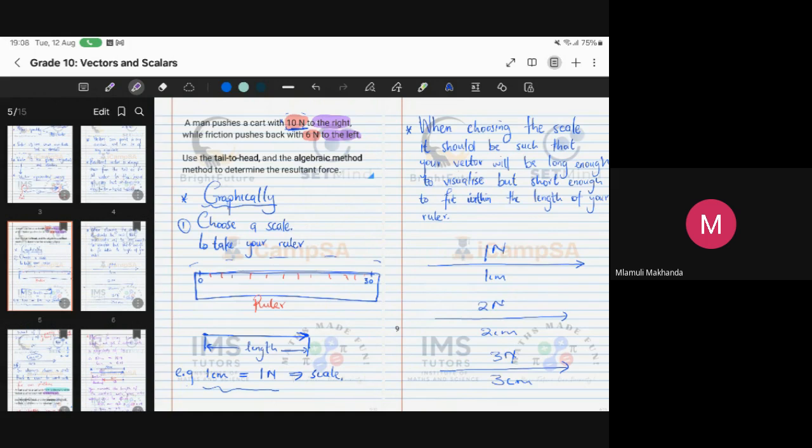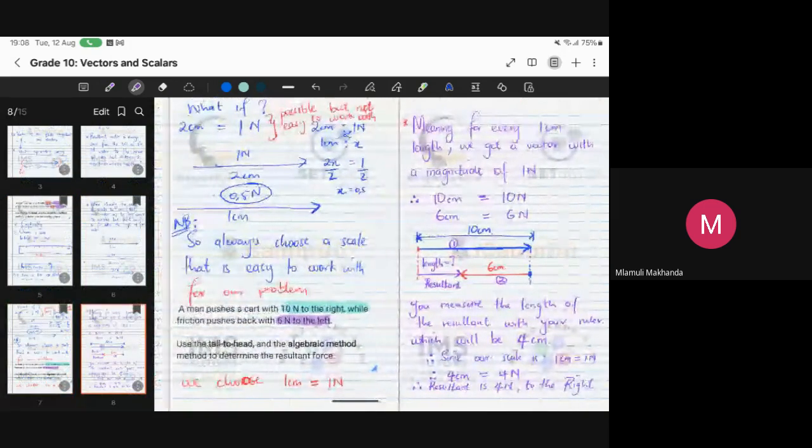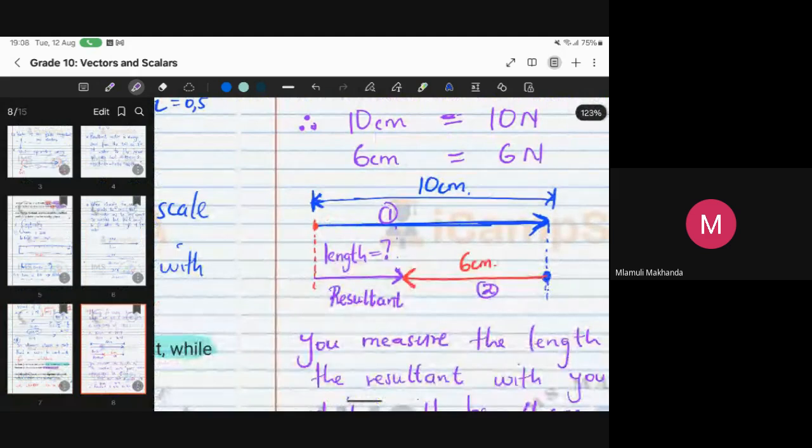Sometimes you'll have other vectors. It should be long enough so that you can fit the other vectors as well, and long enough to allow you to see the difference between the vectors. For instance, let's come back to this one. The 10 centimeter is long enough for me to see that these two vectors are not of the same magnitude, because 6 centimeter is shorter than the 10 centimeter one.